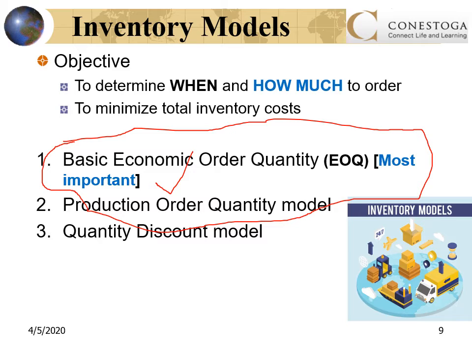Always remember the focus of this model is to tell you when you should place an order and how much you should order, and these two questions are answered in such a way that the total inventory cost is minimum. So let me take an example. When I show you an example, this concept will become very clear.